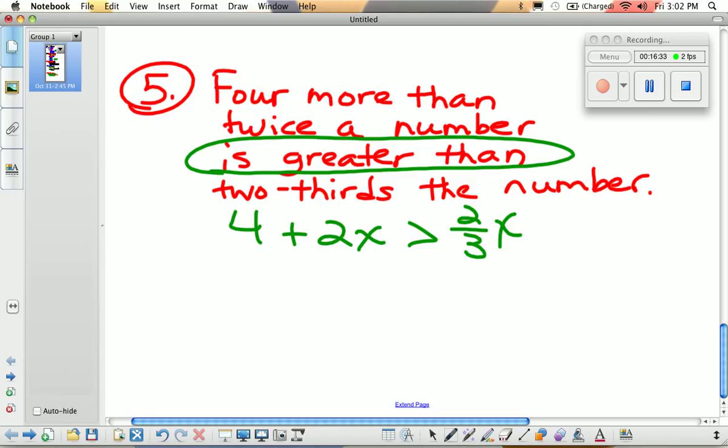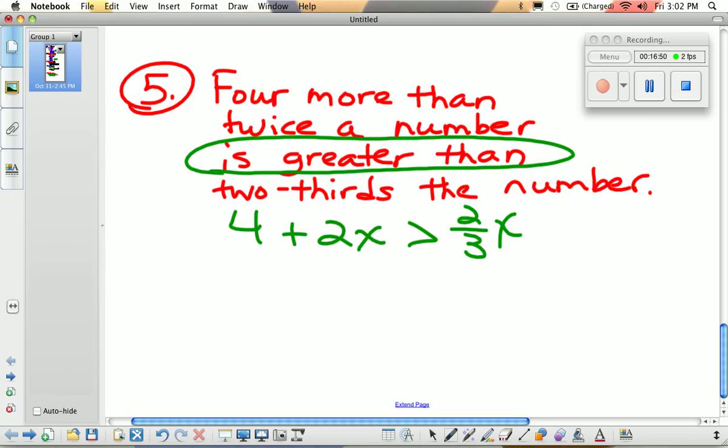We can rename the 2x as thirds so that whichever side we decide to move them from, they're going to have a common denominator. Because don't you have to have a common denominator to add and subtract fractions?